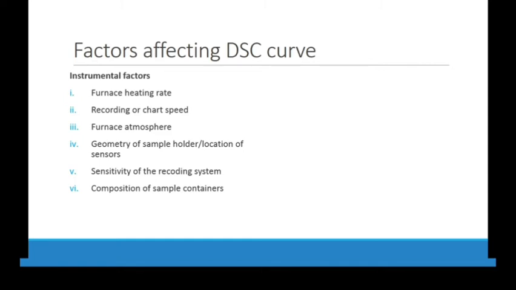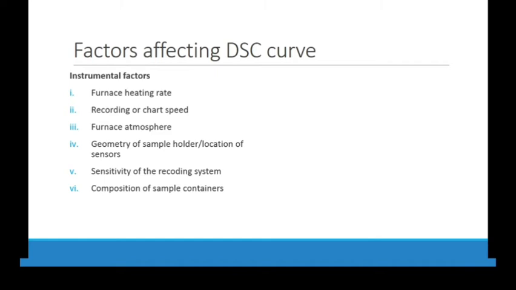If you are using power compensated DSC, you have two furnaces and two separate sample and reference pans in different positions. So you have to keep in mind that the exact location of the sample pan and reference pan must be in the same direction, and the distance from the furnace must be the same.